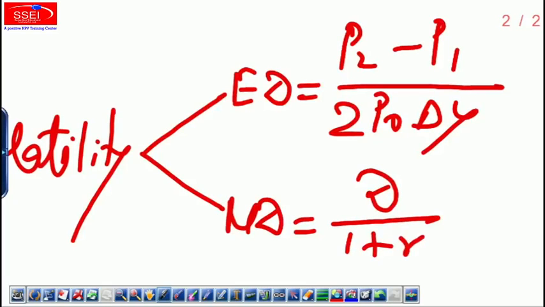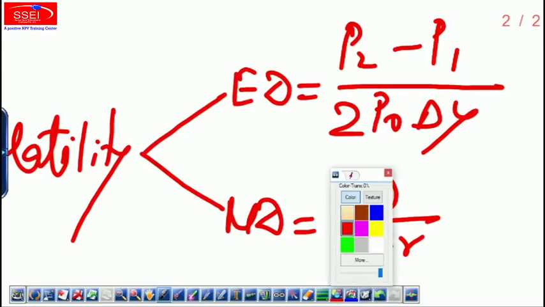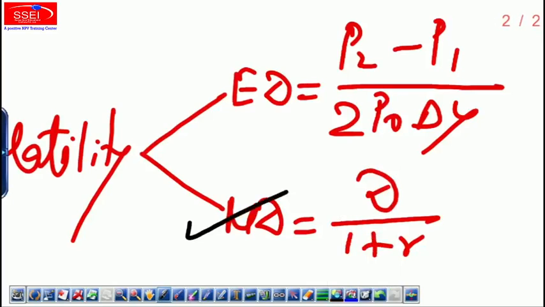Correct? So there are two ways of calculating volatility and both give the same answer. Now, up till now in the exam, in the history of the CA examinations of the last 60-70 years, the Institute has always calculated volatility by this formula, duration by 1 plus R.